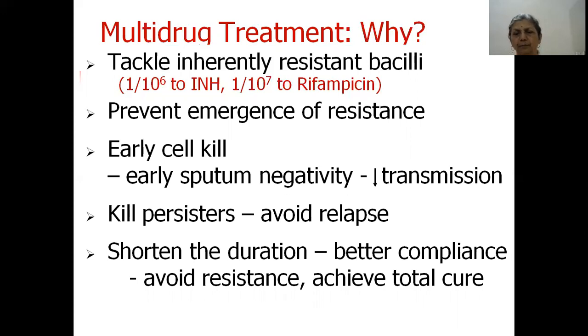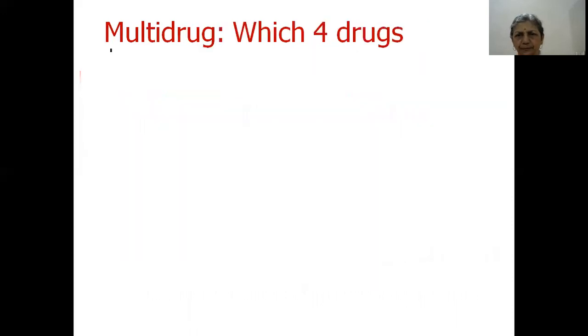Because of shorter exposure to all these multitude of drugs, it also helps us to reduce the possibility of toxicity of these drugs. And therefore, today, tuberculosis is handled by using multiple drug regimens. Which 4 drugs to be used? We cannot just put together any 4 drugs just because we want a multiple drug regimen.